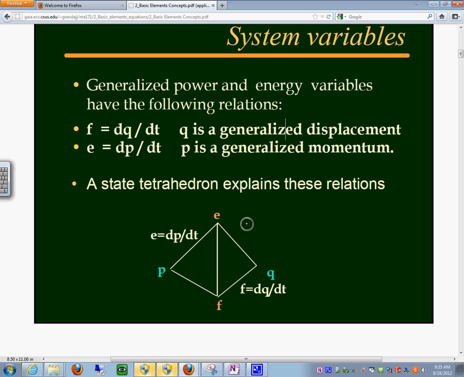And then there's this nice little picture, just so you remember the variables. We call it Painter's tetrahedron of state, meaning these are the state variables. P's and Q's are always the state variables. Now in chapter 1 of the textbook, when you were reading, you realized, oh, he's asking me for state variables.